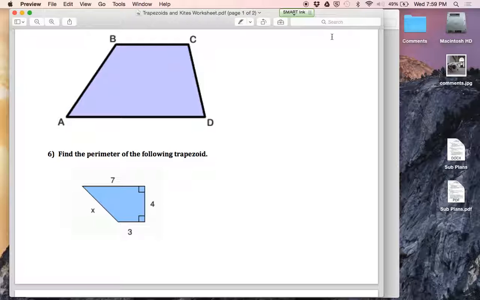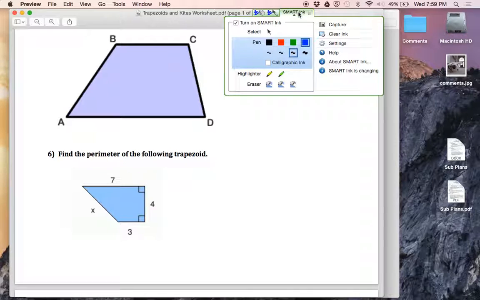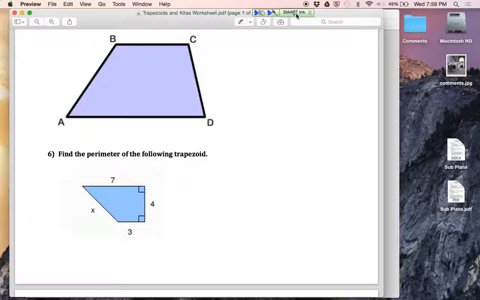Alrighty, now let's look at the last one on this page, number 6. So number 6 asks for the perimeter. And we need to figure out what x is. So what I'm going to look at here is simplifying, putting this little dotted line in and figuring out, using Pythagorean theorem, what x could be. So I'm going to call this 4, because this vertical length here is the same thing as that.